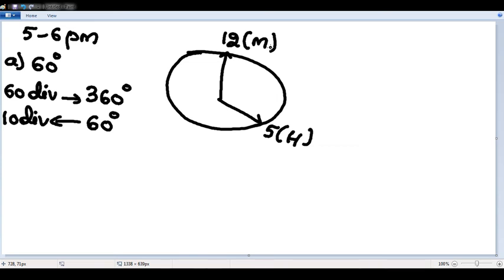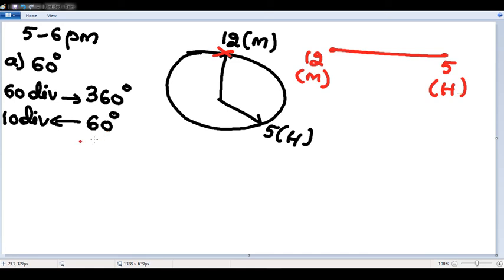For easier understanding, take a scissor and cut at the top of the circle, and you will get a straight line. The 12 is the minute hand, and 5 is the hour hand. So 12 to 5.